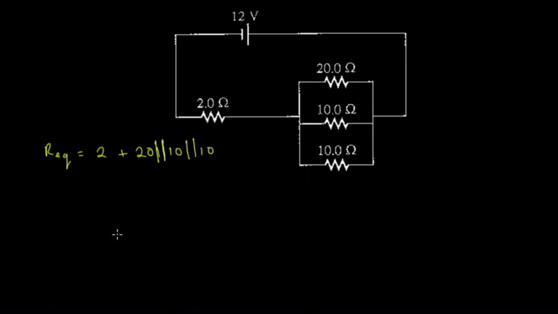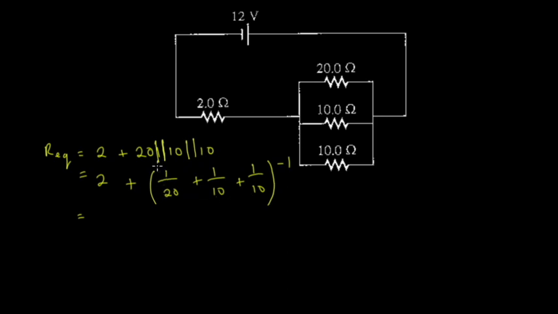So we'd get 2 plus, and if it's like this, we have to say 1 over each and every element: 1 over 20 plus 1 over 10 plus 1 over 10 again, then all to the power negative 1, the reciprocal. Here we're not saying product over sum because these are 3. When we have 2 of them, we say product over sum. When we have 3 or more, we have to do this elaborate process here.